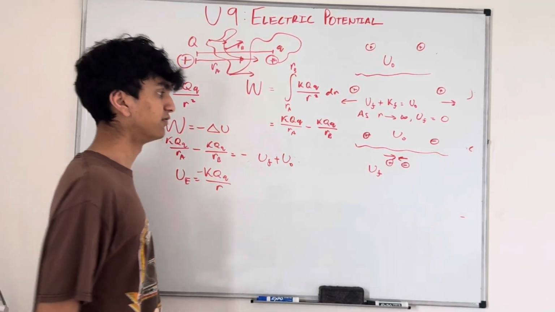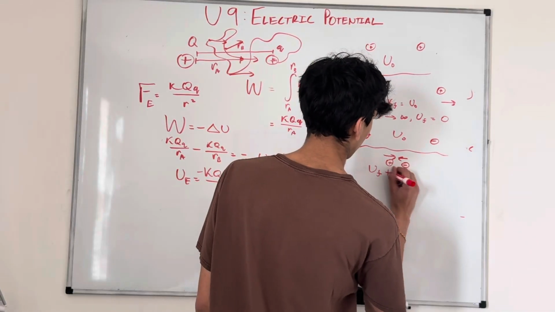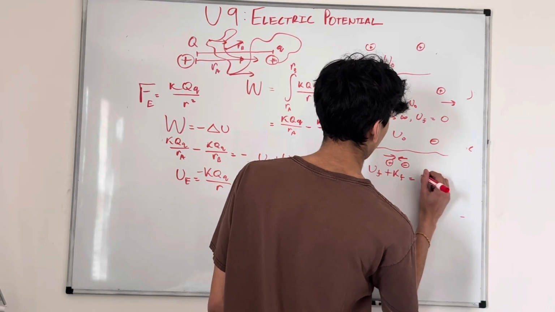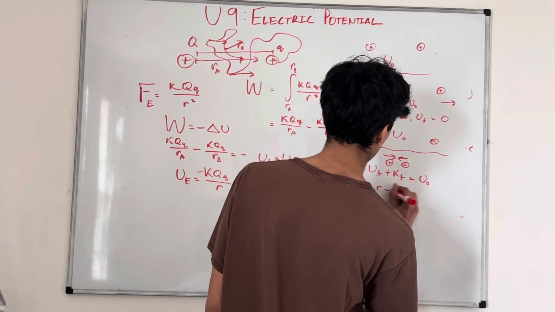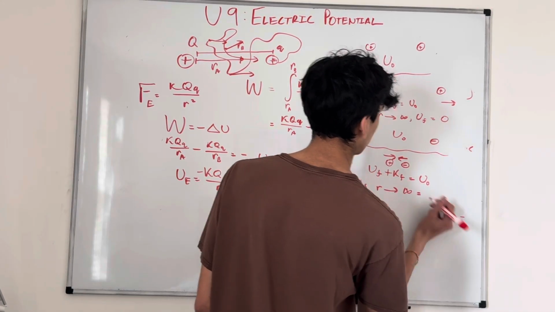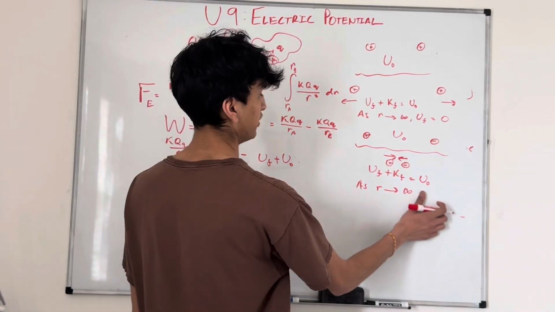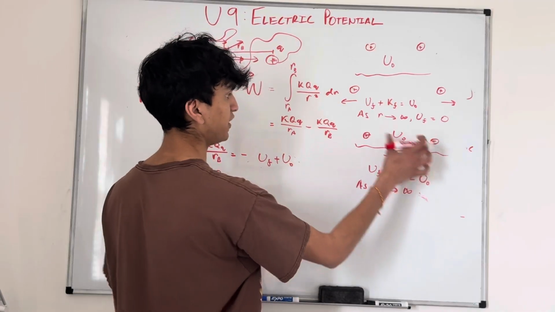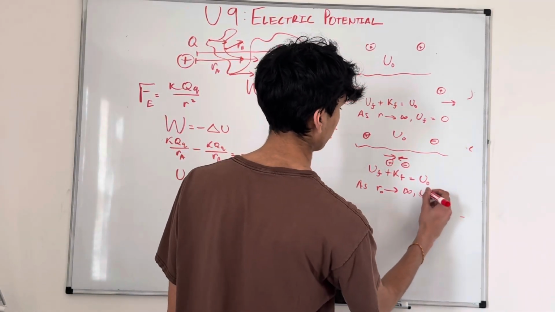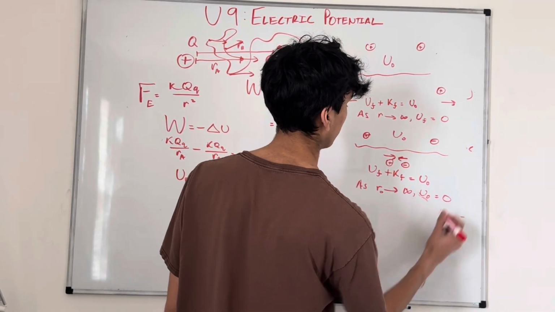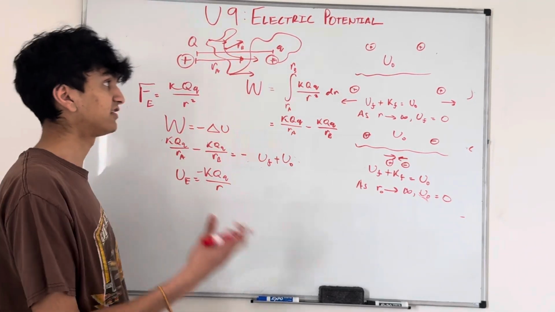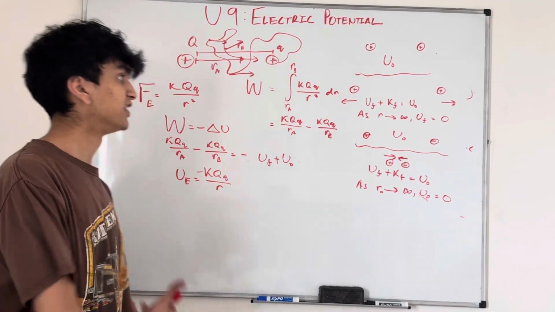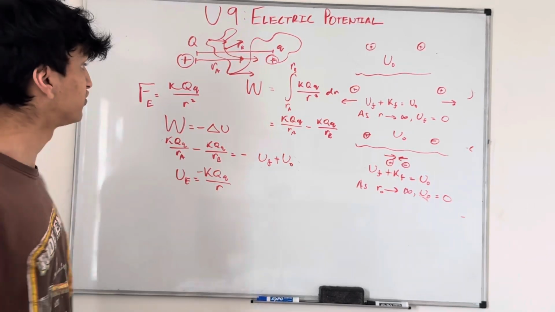Plus the kinetic energy, you can solve for whatever you're looking for. And as the initial distance approaches infinity, where they started, your U initial just ends up being 0. That's just conservation of energy.